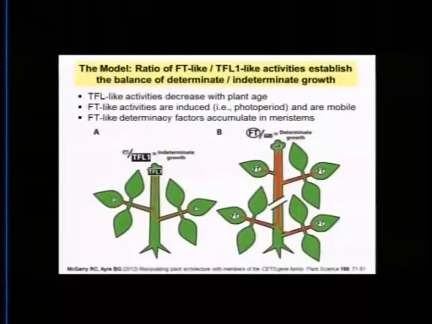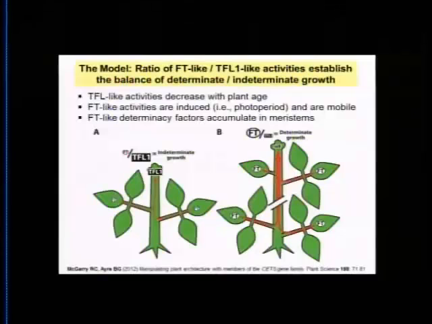At some point, you get to a tipping point where the determinate signal outweighs the indeterminate signal, and that's when you get conversion from an indeterminate to a determinate meristem, or from a vegetative meristem to a reproductive meristem.